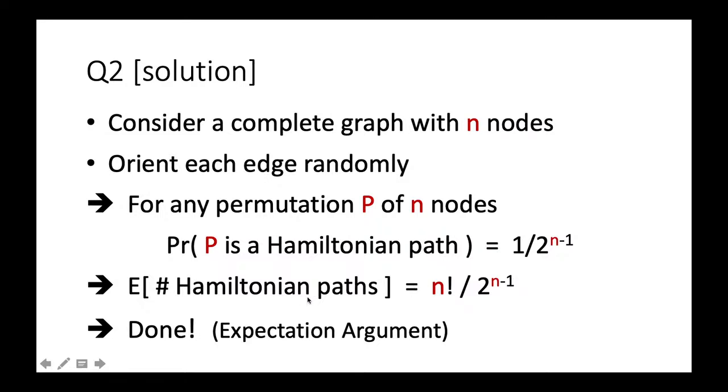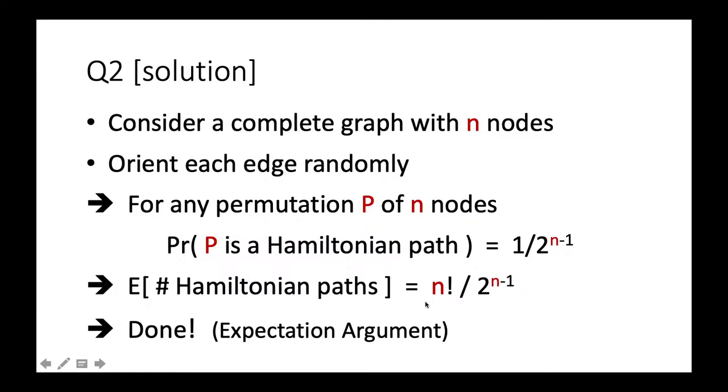The expected number of Hamiltonian paths is equal to the expectation of whether the first permutation gives a Hamiltonian path plus whether the second permutation gives a Hamiltonian path, and so on. We are forming indicators, as we are using all the time. So by linearity of expectation, we get this result.